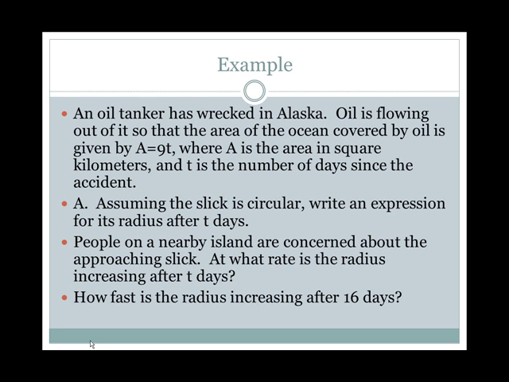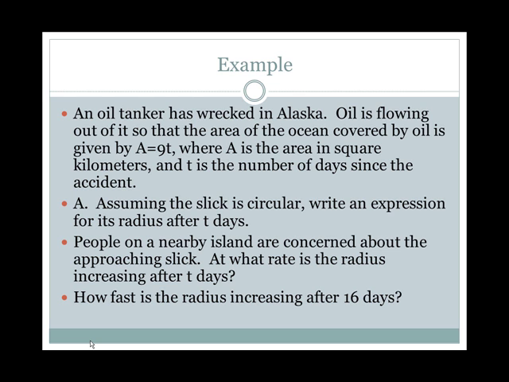So let's look at, assuming that the slick is pretty circular, we want to write an expression for the growth of the oil spill. And we need to get a grasp on how fast this circle of oil is growing on the water so that we can control it. So based on how fast the volume of the oil is coming out of the well or out of the ship, what is that doing to the circle?